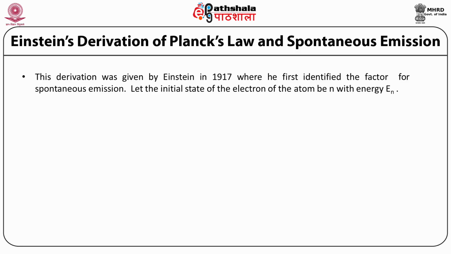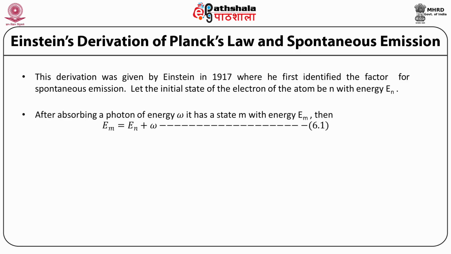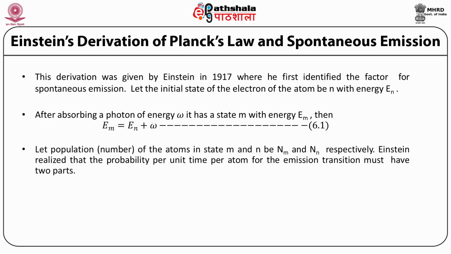Let the initial state of the electron be n with energy En. After absorbing a photon, it goes to the state m. Therefore, Em equals En plus omega. Let the population numbers in the states m and n be N_m and N_n respectively. Einstein realized that the probability per unit time per atom for emission transition must have two parts.